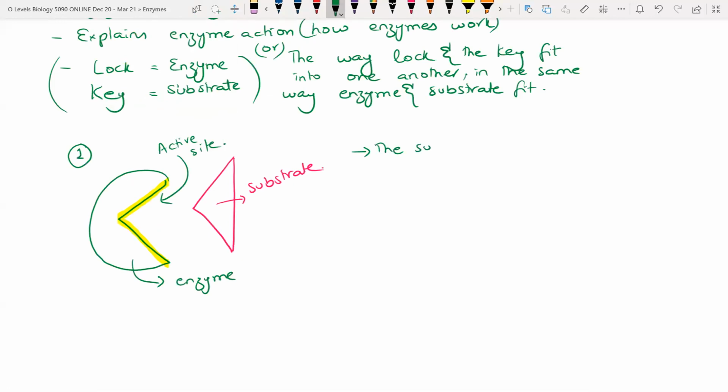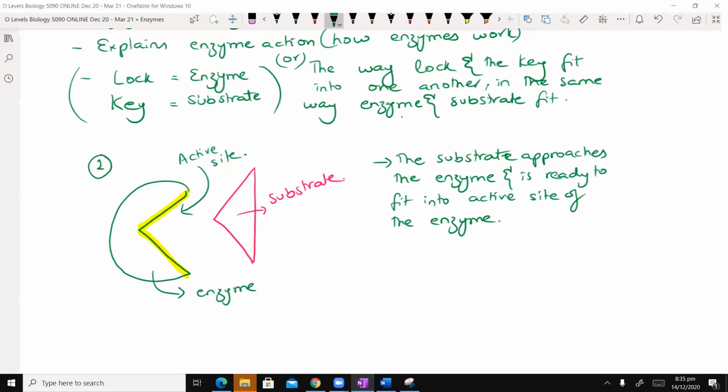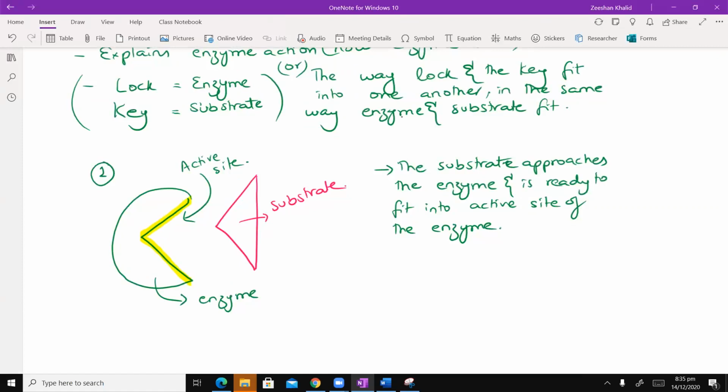The substrate approaches the enzyme and is ready to fit into the active site of the enzyme. Acha, thoda sa we need to understand, bachon, what do I mean when I say this? Approaches. ये क्या मतलब घूम फिर रहा होता है इधर उधर.